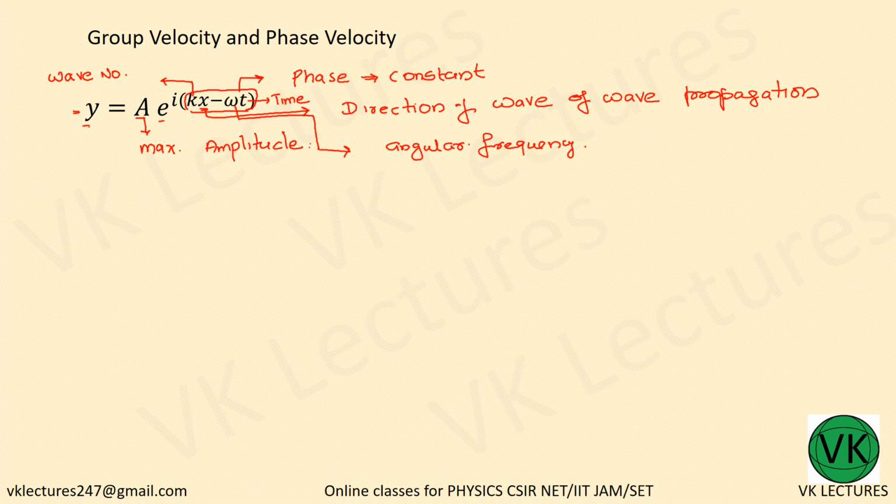Now in this equation, we know that the phase will remain constant as long as it is from a constant source. Now kx minus omega t is some constant c.